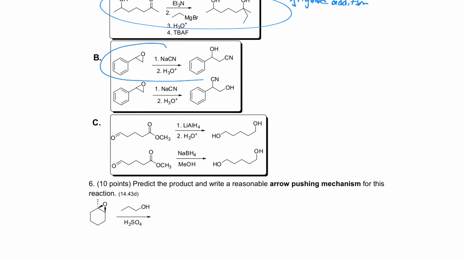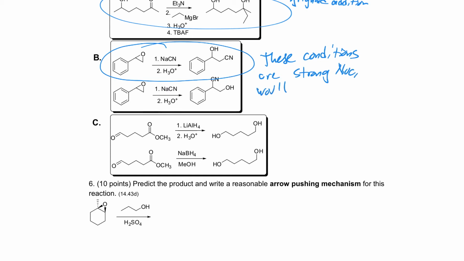So we would circle the top and just say these conditions are strong base, or I'm sorry, strong nucleophile, would result in the less substituted side receiving the nucleophile. I think I have an extra E there, but don't hold that against me.